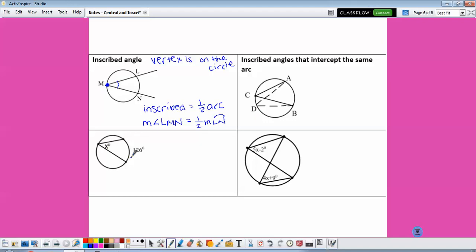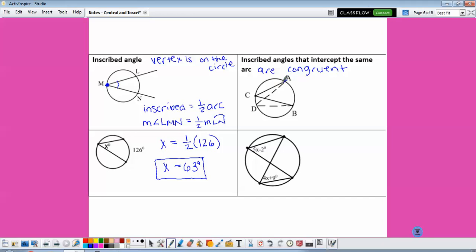Like in an example here, x would equal half of this arc, and half of 126 means x has a measure of 63 degrees. Inscribed angles that intercept the same arc are congruent.